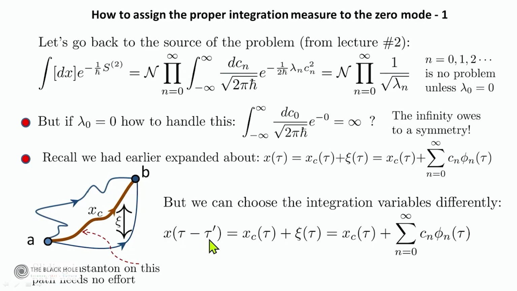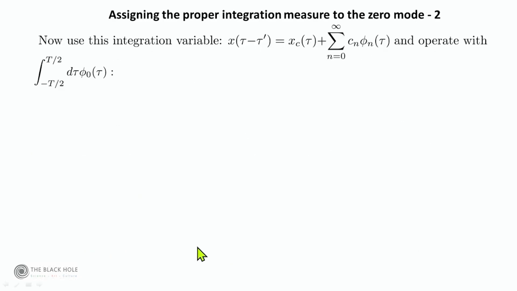So make it tau minus tau prime instead of taking tau prime over here equal to 0. In other words, I'm still integrating over all paths, but I've chosen my path a little differently. Okay, so that means we have this relationship with which we can now manipulate.